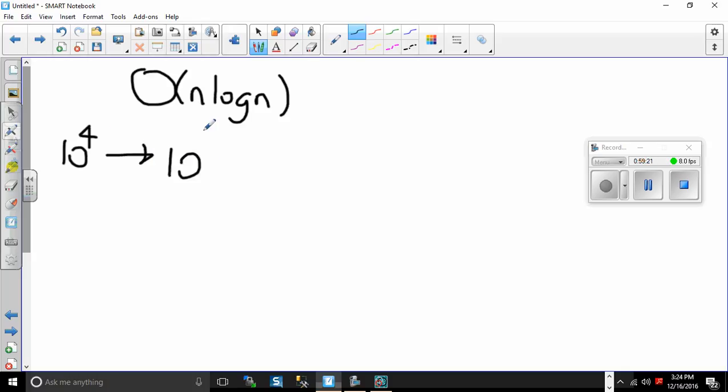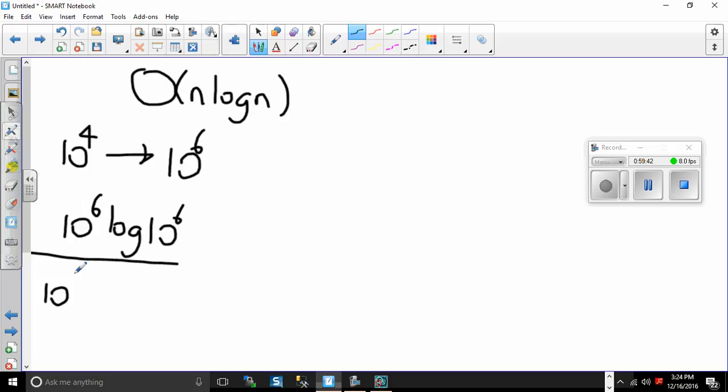So what would be the performance comparison there? With n log n, the ratio would be 10 to the 6th times log 10 to the 6th, divided by 10 to the 4th times log 10 to the 4th, if I did this right.